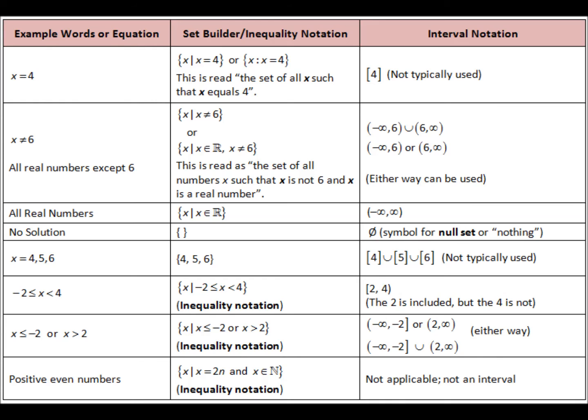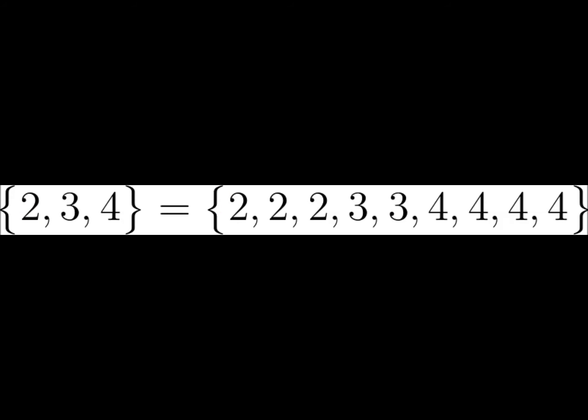Also, in a roster, and remember when we're talking about roster, we're talking about this curly bracket notation, if you have {2, 3, 4}, this is going to be the same set as {2, 3, 3, 4, 4, 4, 4}. It's going to be the same because you have the same elements, they're just listed multiple times.